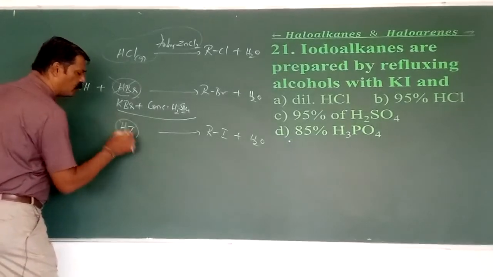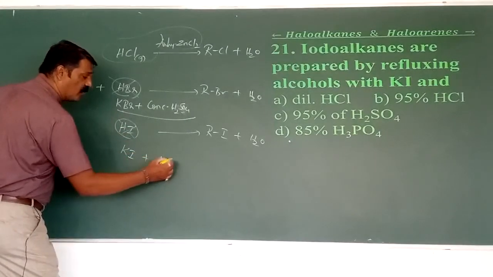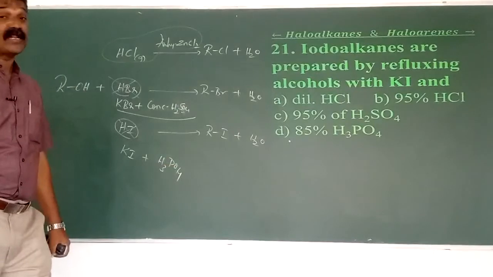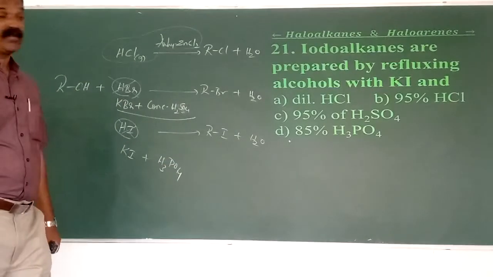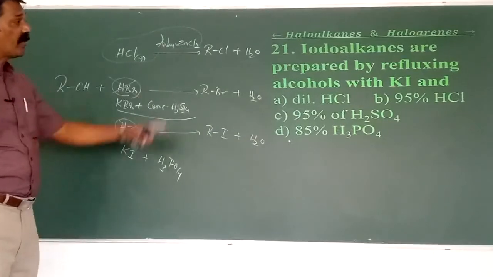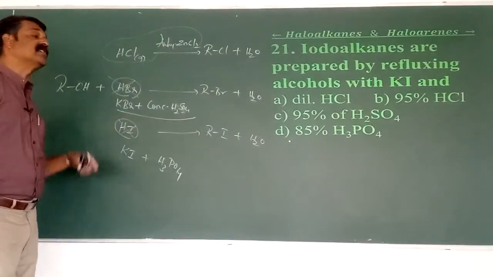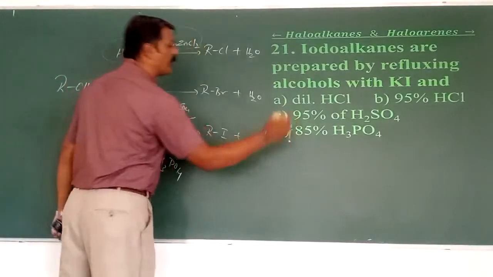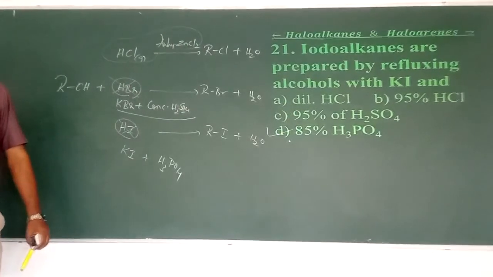That is why, instead, they take sodium iodide or potassium iodide with phosphoric acid, usually 85% phosphoric acid. Means there is no ready availability of either HBr or HI. That is why the preparation they have asked about here, of haloalkanes, is by HI, but how is that HI obtained? By treating potassium iodide with 85% phosphoric acid. That is 21D. Let's move to the 22 here.